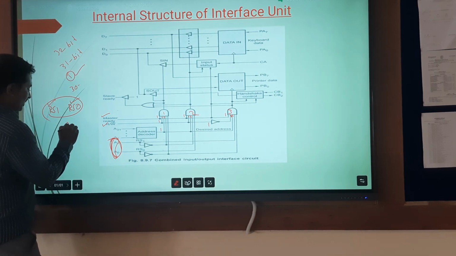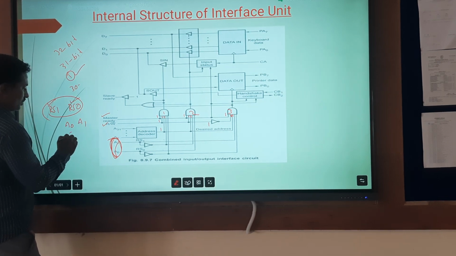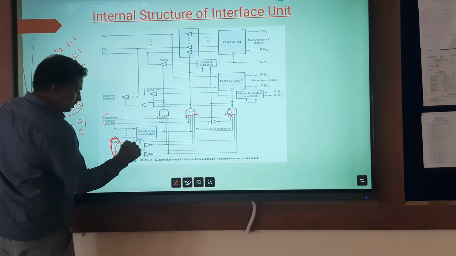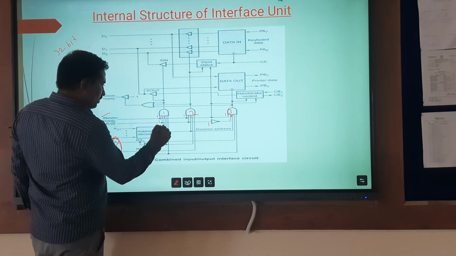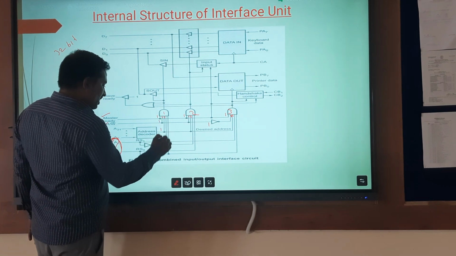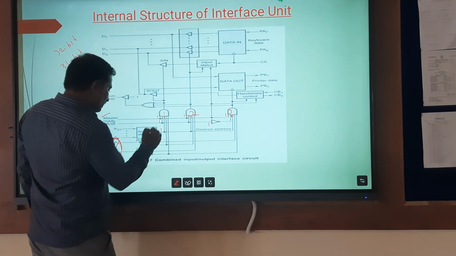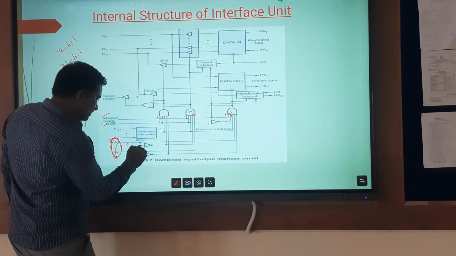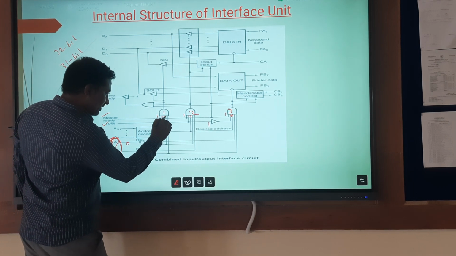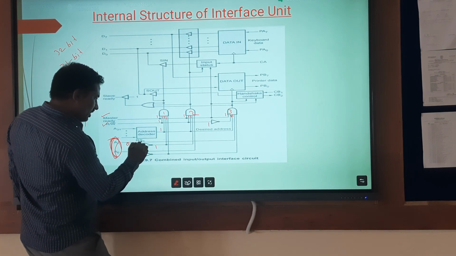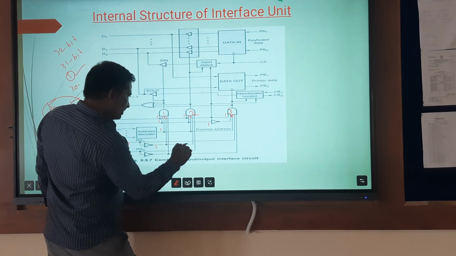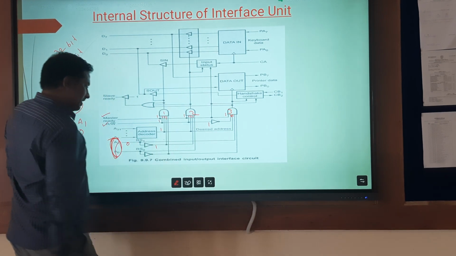Here I am considering A0 and A1 equal to 0, 0. 0, 0 means it is 0. The 0 will be connected to here and it is 0. Here it is 0, 0 means here it is 1, this one will be connected to here, and this one is also connected to here.